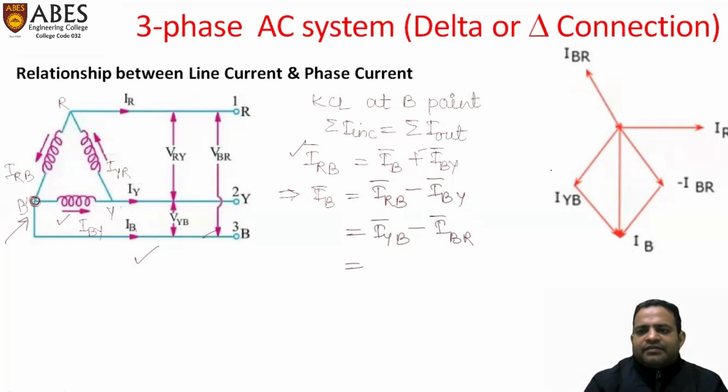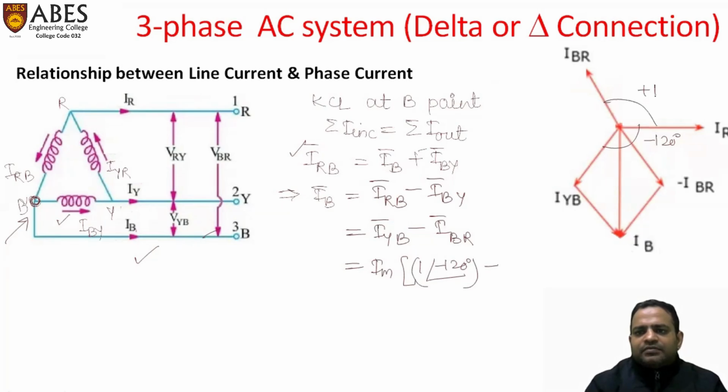What is the value of IYB? IYB is at minus 120 degree. The magnitude is equal, so we take it common. And what is the value of IBR?